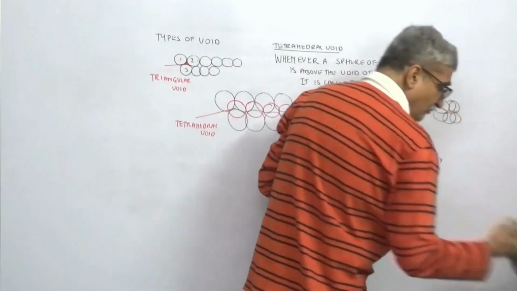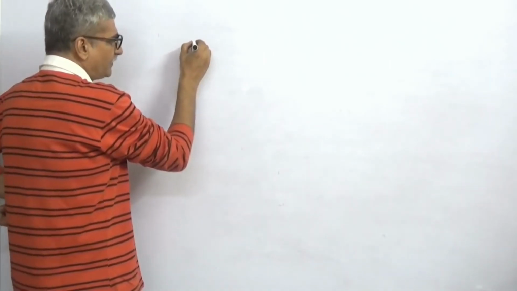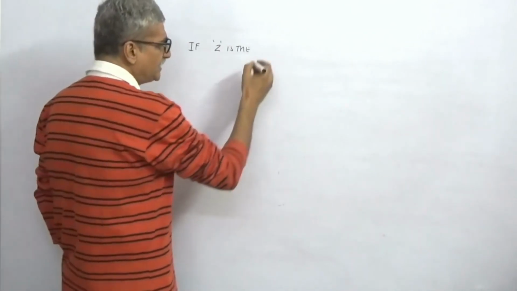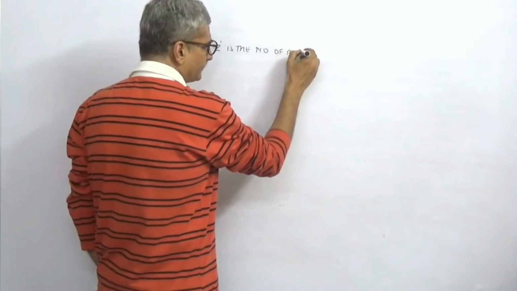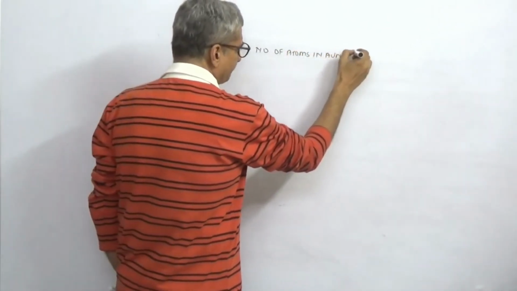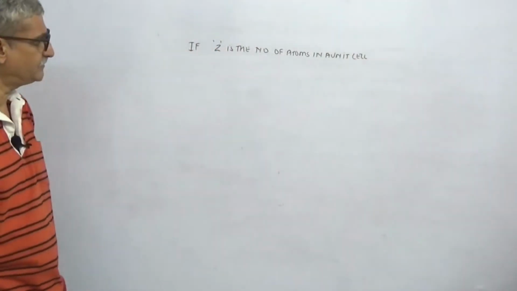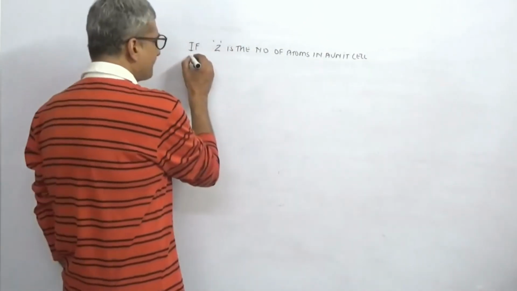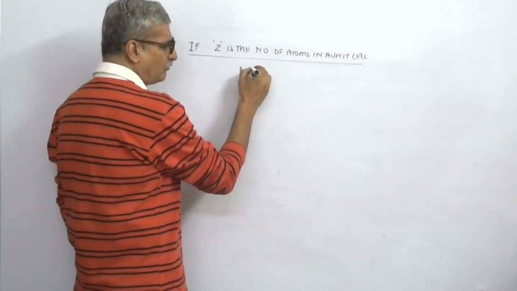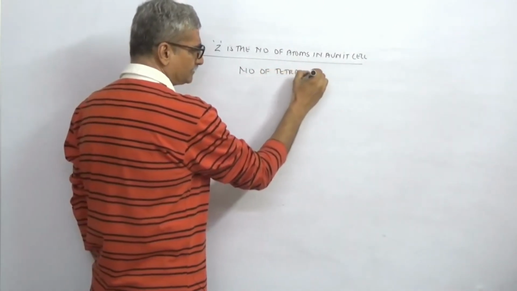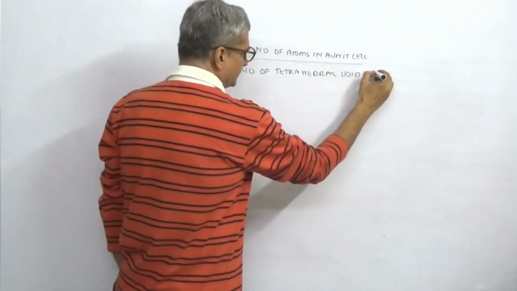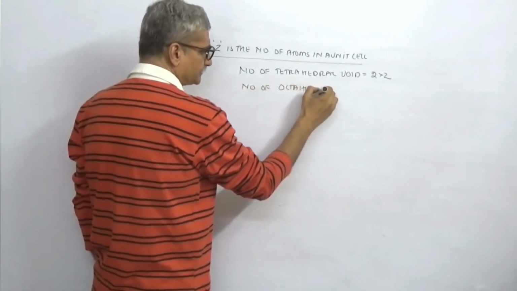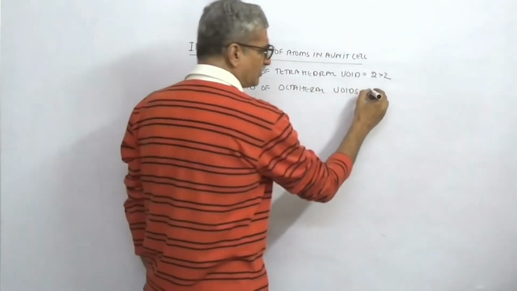It is clear because what happens normally, if Z is the number of atoms in a unit cell, listen carefully, the number of tetrahedral voids is 2 into Z, and the number of octahedral voids is equal to Z. What is Z?